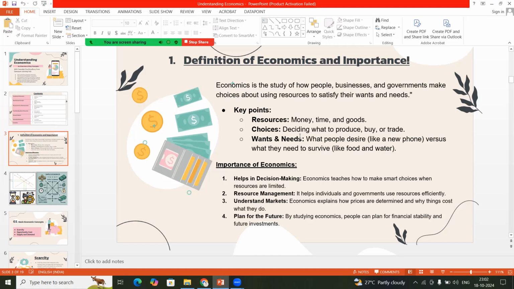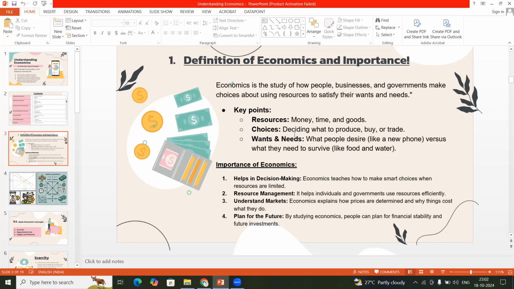Thirdly, wants and needs. What are the desires of a particular consumer? Desires are endless. I want to buy an iPhone. I want to have diamond rings. I want to have diamond jewelries. I want to have a villa of my own. But does my income support all of that?